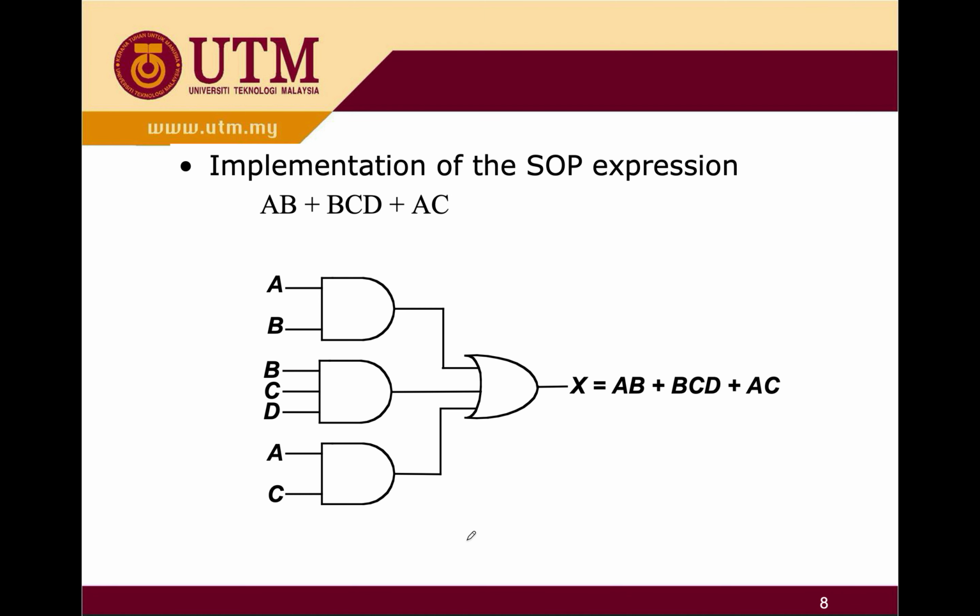So you can see also over here the implementation of the SOP expression. You have over here how you can see the expressions by having this non-standard, which is A, B, because there is no C, B and D. So over here non-standard because you don't have A over here, and this one you didn't have B and also D. It's okay.